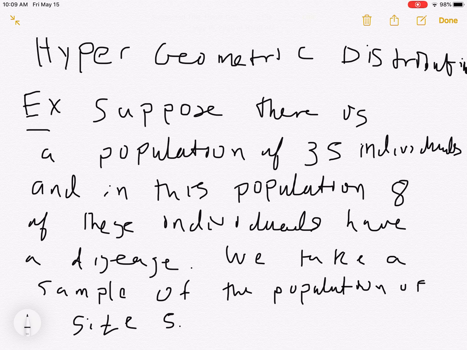They couldn't have gone to their doctor. And if you were to sample or to come into contact with 5 out of these 35 individuals, what's the probability that exactly 3 out of the 5 individuals have this disease?